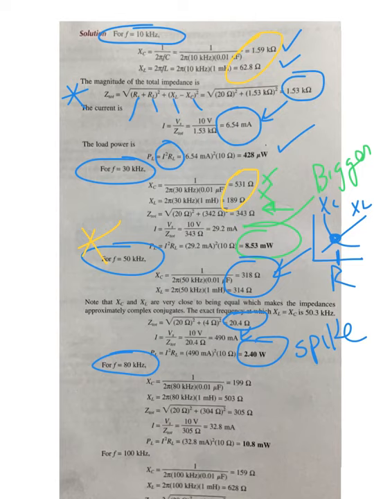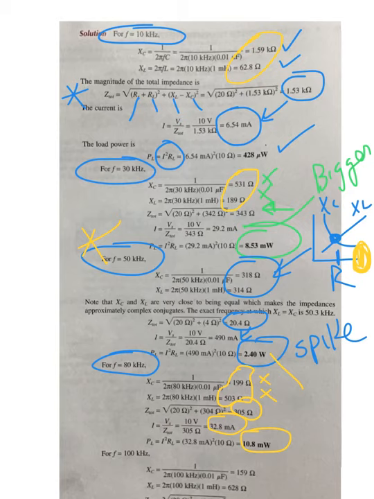Now, if we go further, you go, oh wow, the power is just getting bigger and bigger. If we go further, look what happens to X sub L and X sub C, because we're out here in this range with the higher frequency where the yellow bubble is, and the impedances migrate away from each other, again shrinking the impedance, shrinking the power, and produces 10.8 milliwatts, which is a lot smaller than 2.4 watts, right?